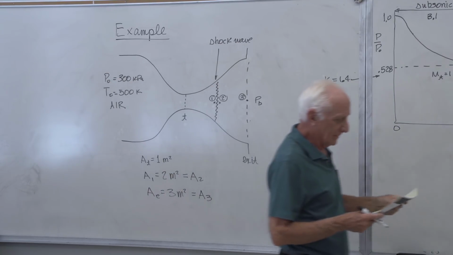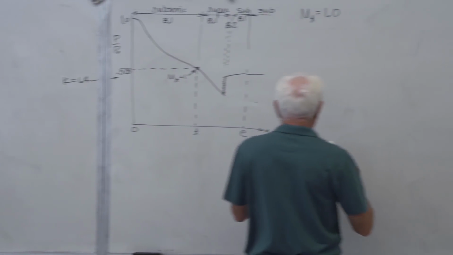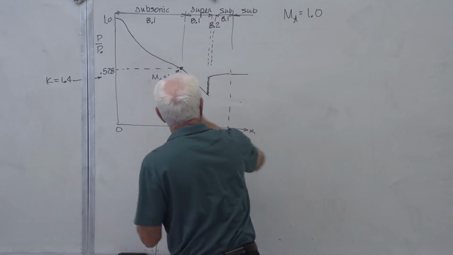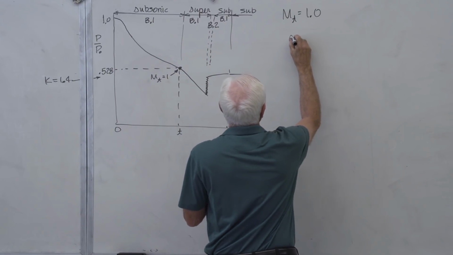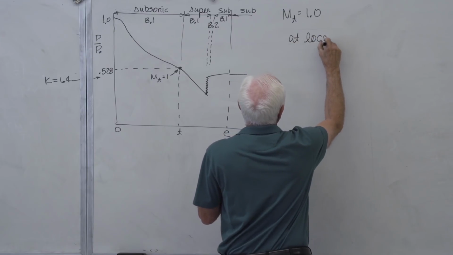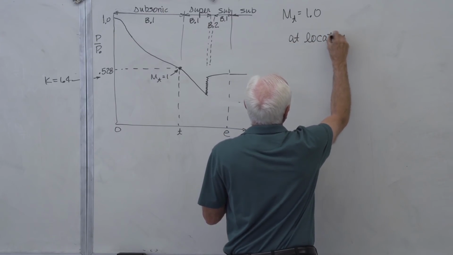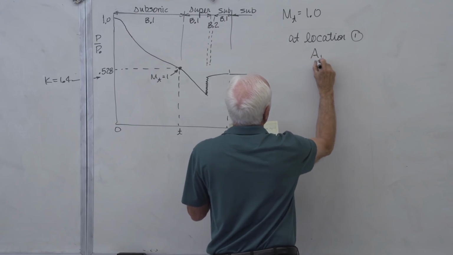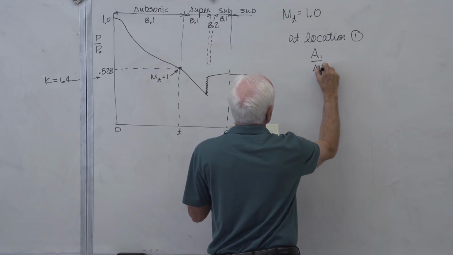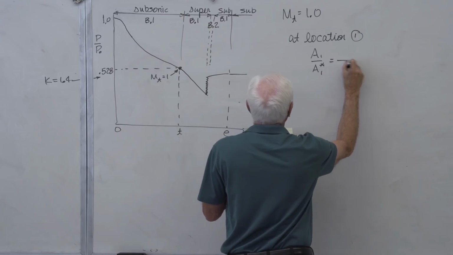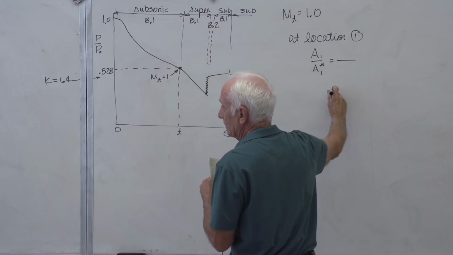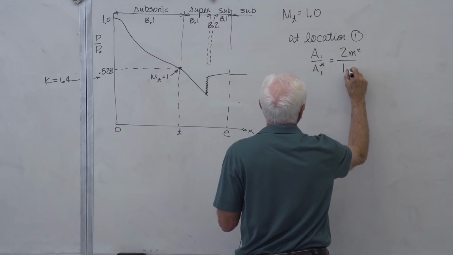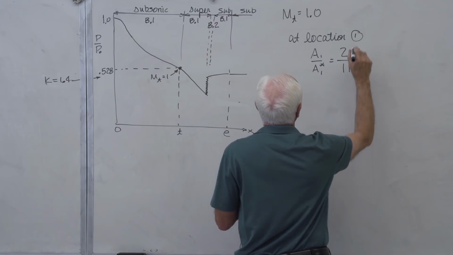Okay, at location 1, upstream of the shock, A1 over A1 star. A1 is 2 square meters. A1 star is 1 square meter.